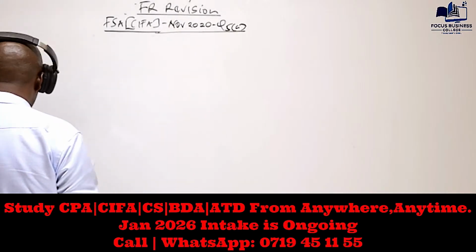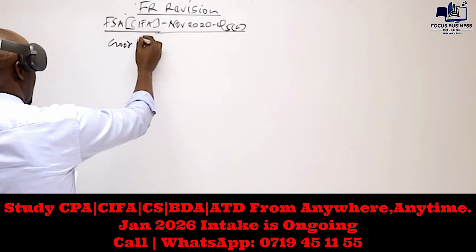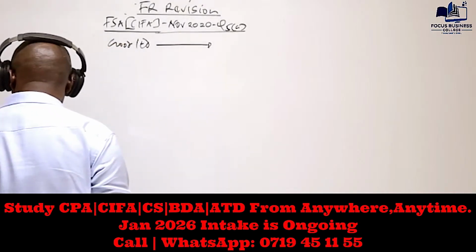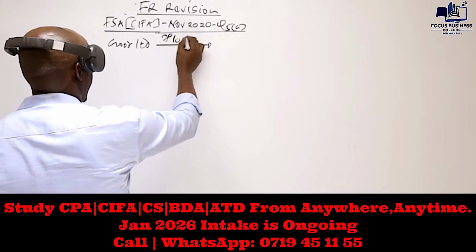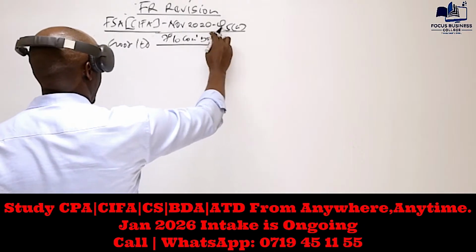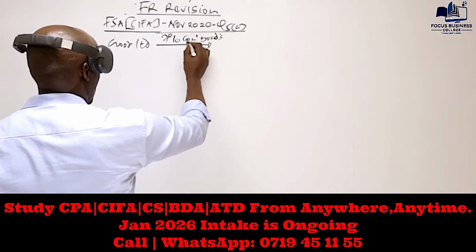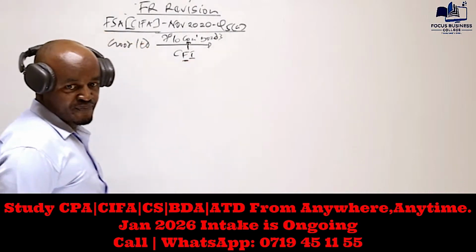Question 5A. We are told this company, which is called Good Limited, issued 7% convertible bonds. Take into account, we have the word convertible, so this one is a compound financial instrument.